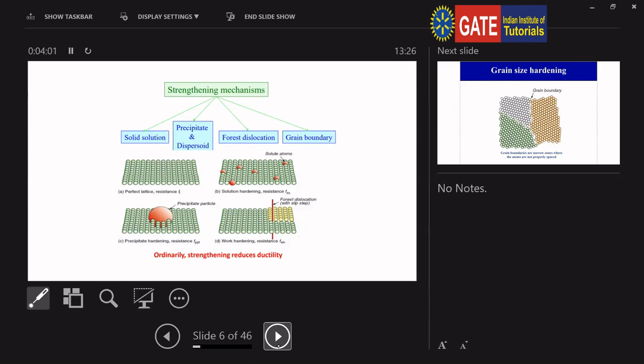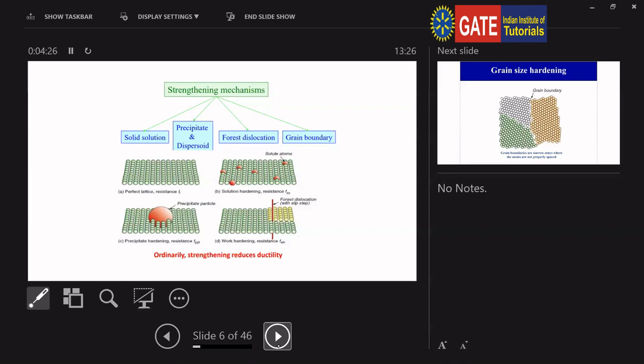I'll just write the names. You can also write, and then we will end. The first one is solid solution. Making a solid solution, what will happen? There are two kinds of solid solution: interstitial solid solution and substitutional solid solution.